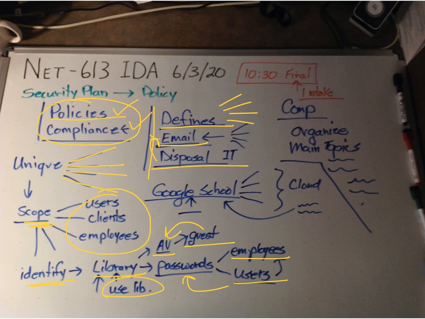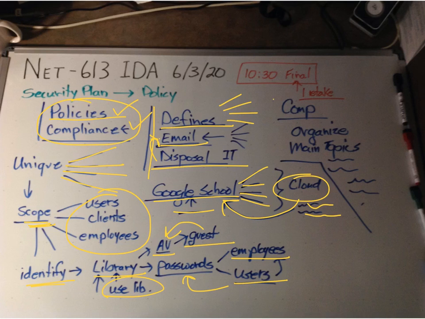Okay? So, finish this wrap. Then we had the example. Somebody gave the school example. Well, that's in the cloud, so some of the security is being taken care of in the cloud. And you have to figure that out. But Google takes care of the passwords, right? You don't locally need to take care of those. They're taken care of in Google. Which things you take care of locally and which ones not.